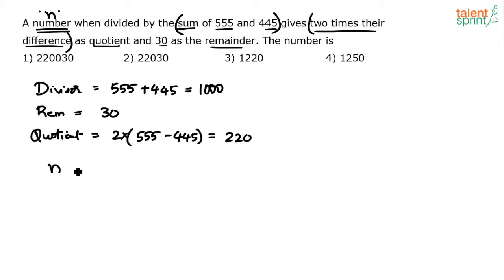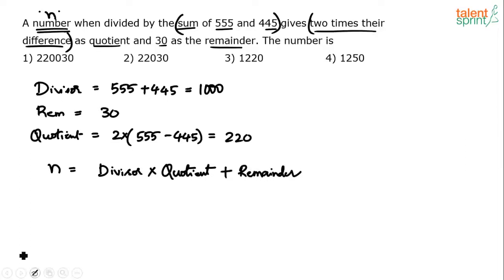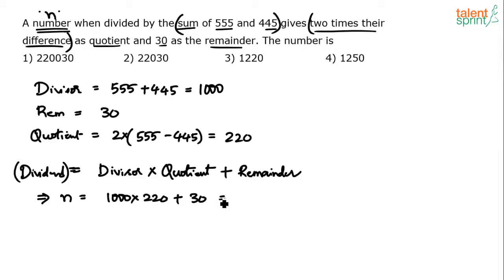What's the number? n will be nothing but divisor into quotient plus remainder. That's the division, right? n is nothing but the dividend here. So n will be equal to divisor into quotient plus remainder.